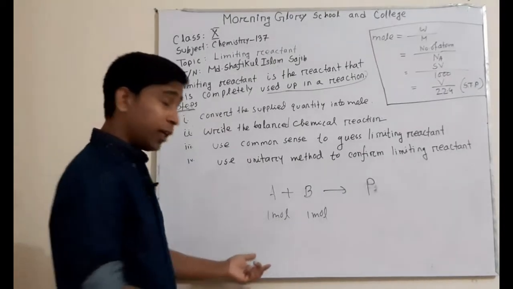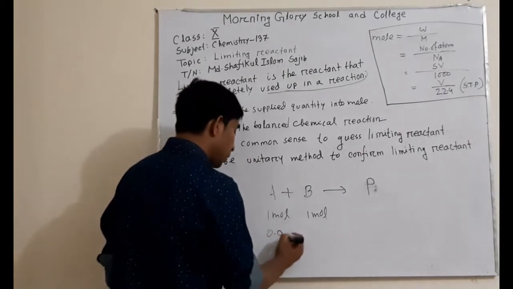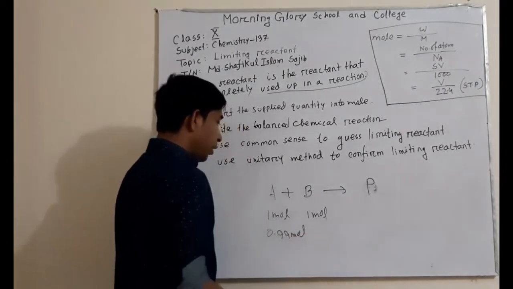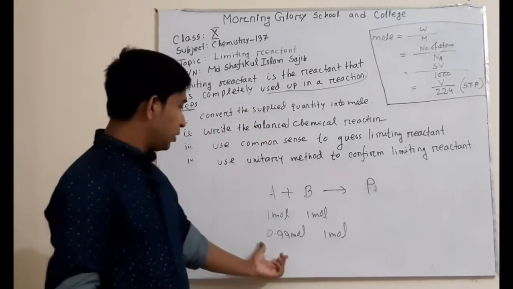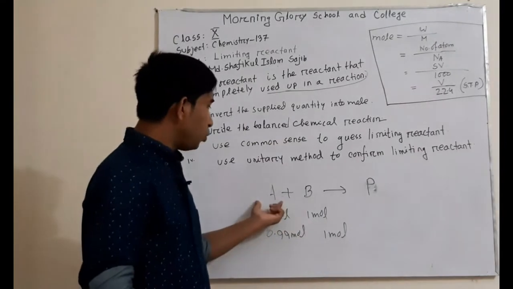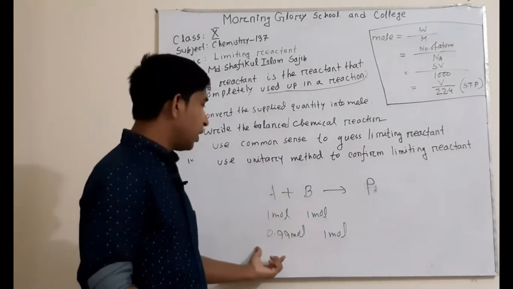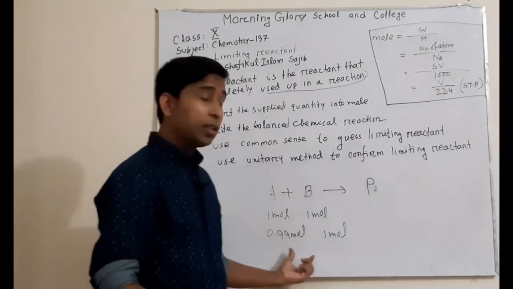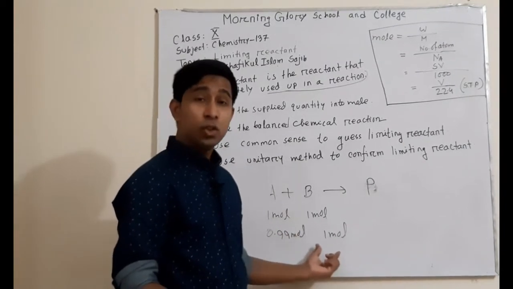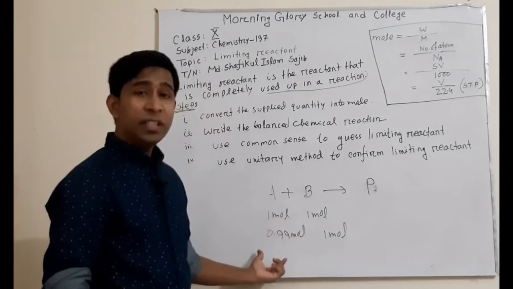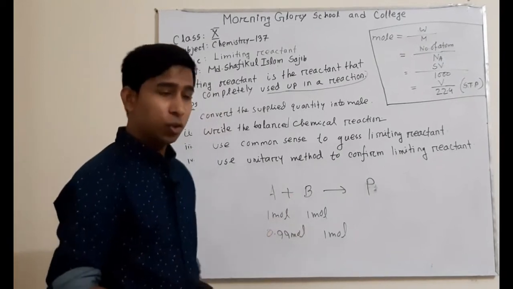But if we take 0.99 mole of A and 1 mole of B, easily we can see that the mole of A is less than the mole of B. So, here A is insufficient compared to B. This is why A is the limiting reactant in this reaction.